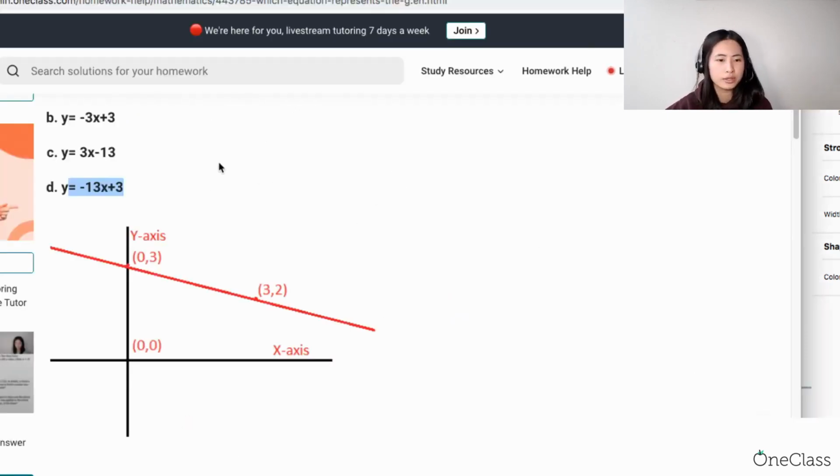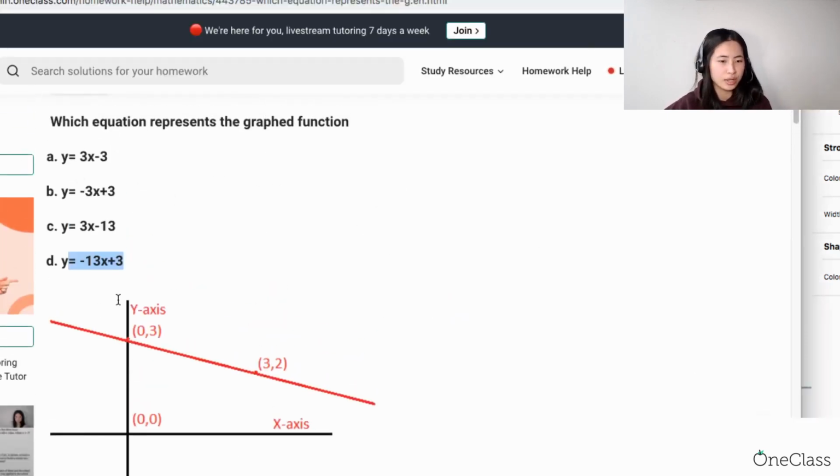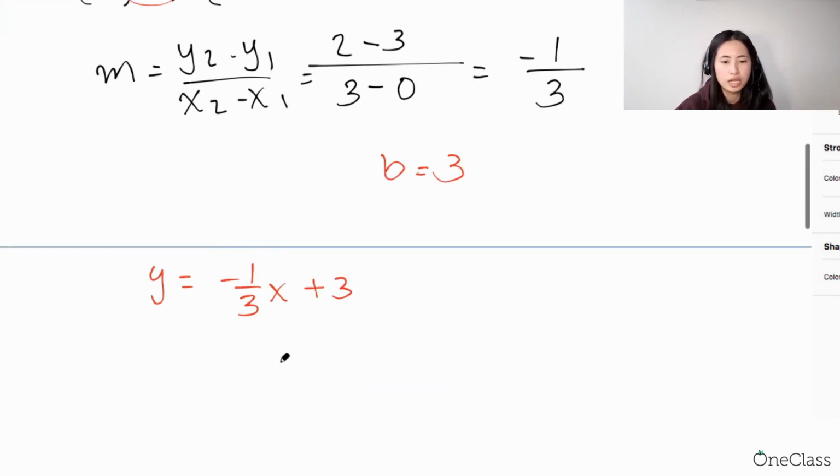So let's go back to this. Everything here, as you can see, is in terms of whole numbers, like B and D, for example, which are the options we're kind of choosing. There are no fractions in here, right? So that means we need to turn this into a whole number equation.